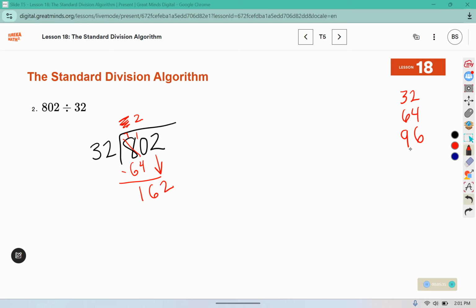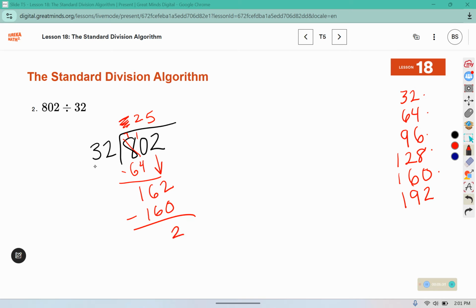So we're going to have to continue on in our list. And it appears that it can fit in 5 times for a total of 160, which leaves us with 2.